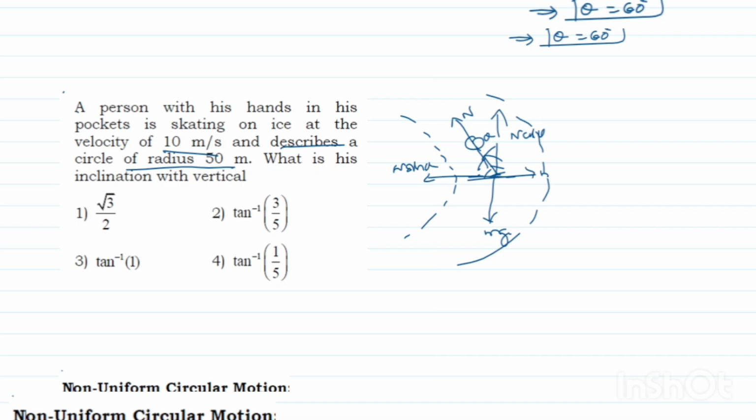Here the outward force you can take as the centrifugal force, that is mv square by r. And here also you take the inclination angle with the vertical as theta.